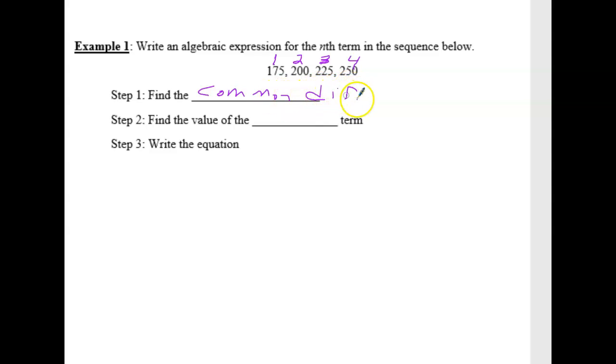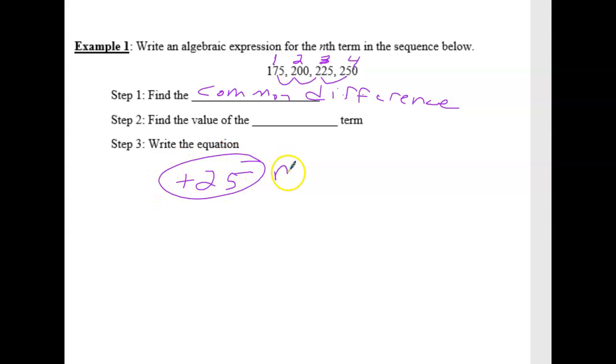And this one is going to be a difference, because if we look here, we notice that each time our pattern is going to add 25. From 175 to 200 is 25. From 200 to 225 is up by 25. And then from 225 to 250 is also up 25. So this common difference here is going to take the place of our m in our equation.